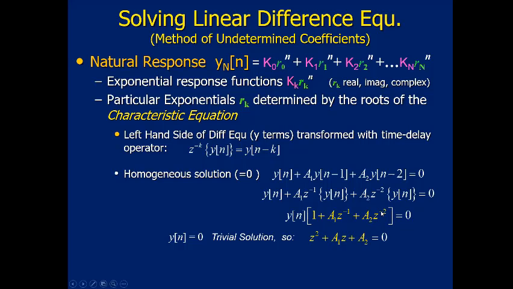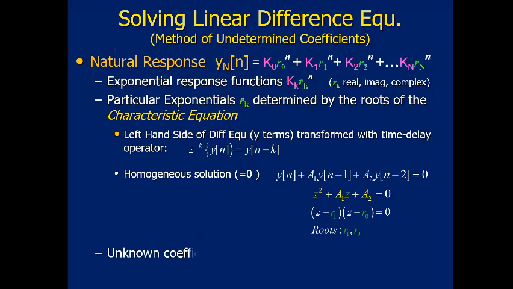Typically, if we have negative powers of z, we'll multiply both sides by z to the opposite power, z to the +2. So we get a positive exponent polynomial in z, in this case, z squared plus a1 z plus a2 equals 0. Factor that, get the roots of that equation, and those roots are what are going to become terms in the natural response of the system.